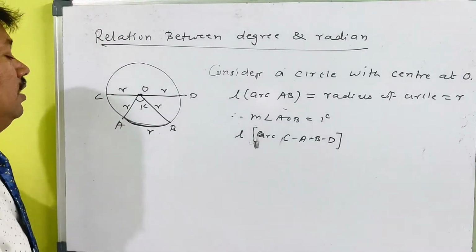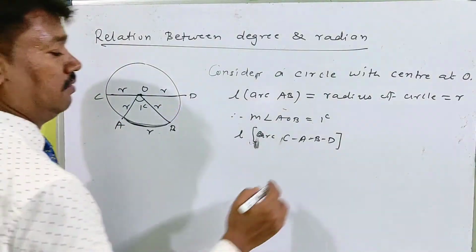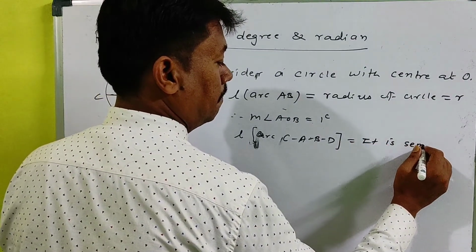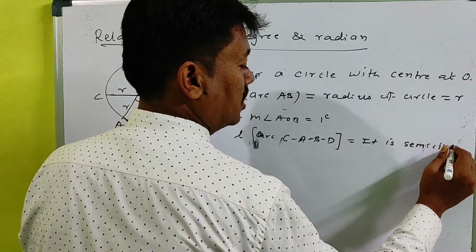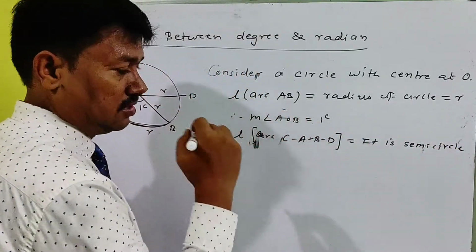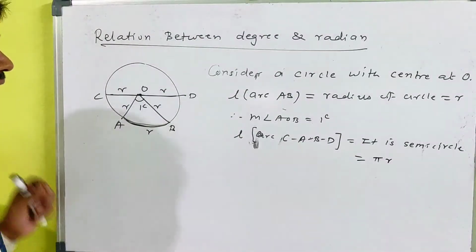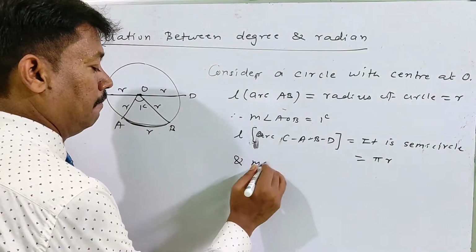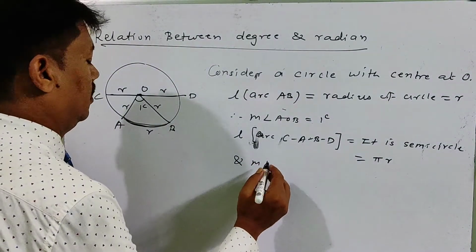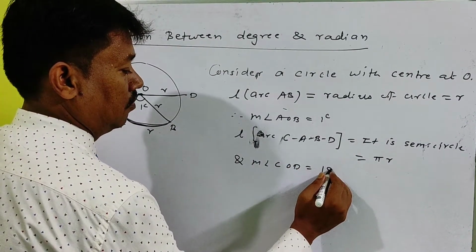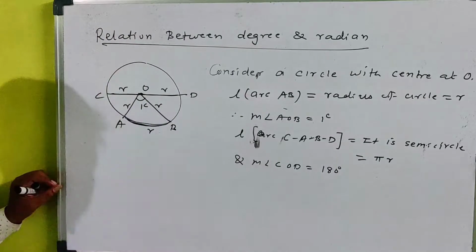What will CABD be? CABD is nothing but a semicircle. So the length is nothing but pi r, and the measure of angle COD is equal to 180 degrees. That is the semicircle angle.